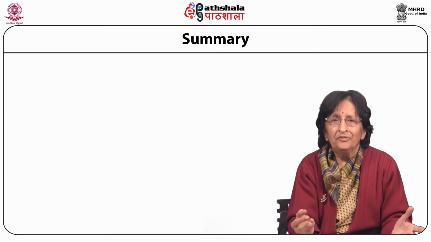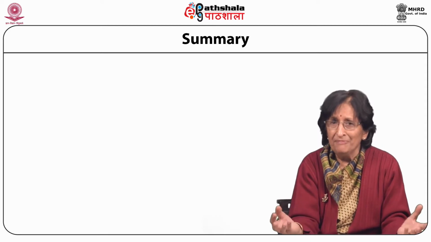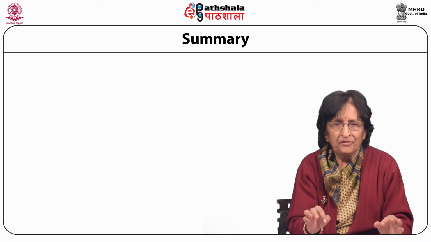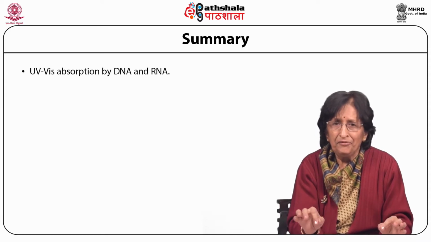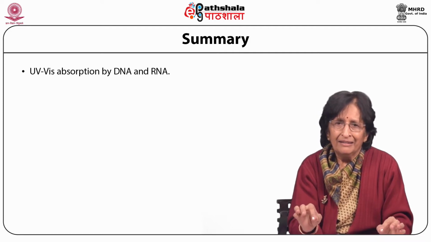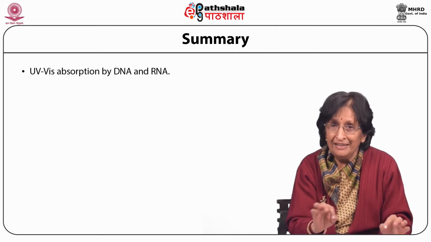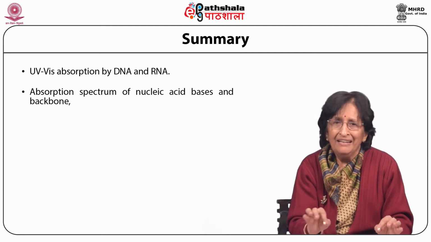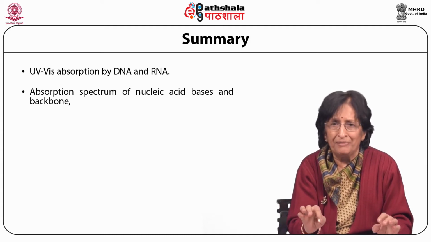So, students, let's now summarize what we have learned in this module. First, we have seen the UV-Vis absorption by DNA and RNA. We have seen in detail the absorption spectrum of nucleic acid bases and also the backbone, although it is not in the UV-Vis region.